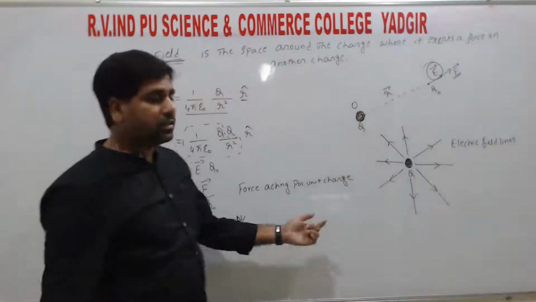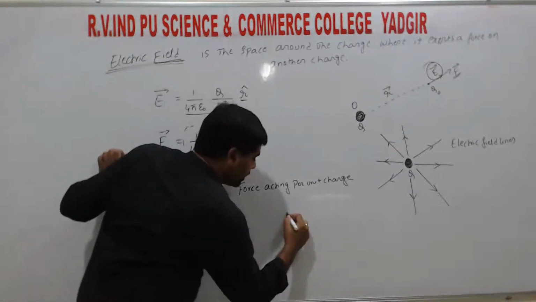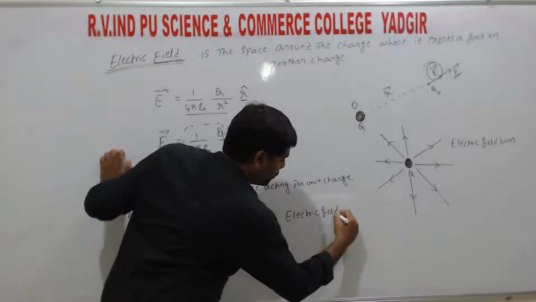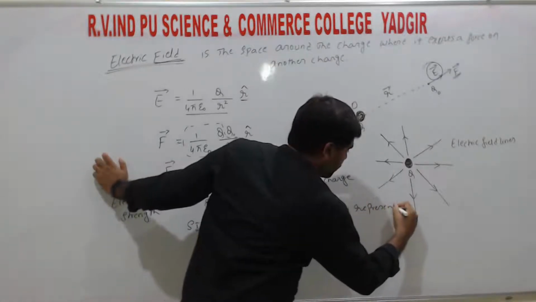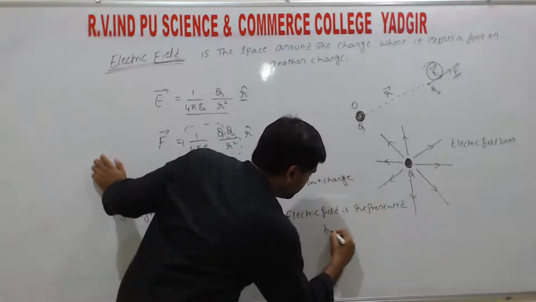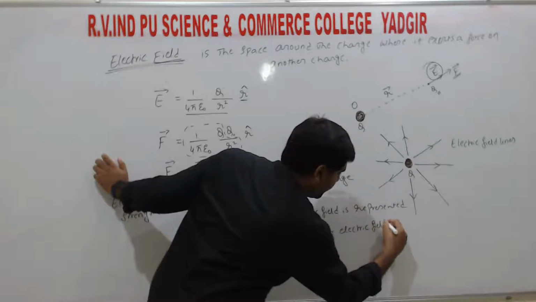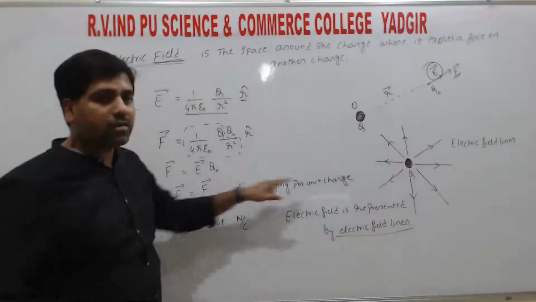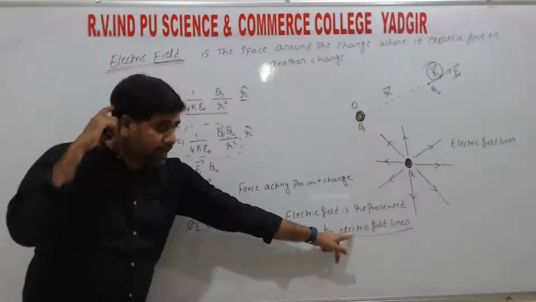So how do we represent the electric field? The electric field is represented by electric field lines. So what are electric field lines?